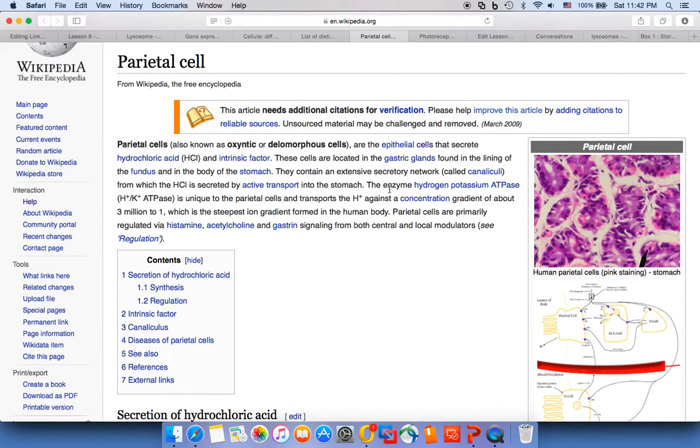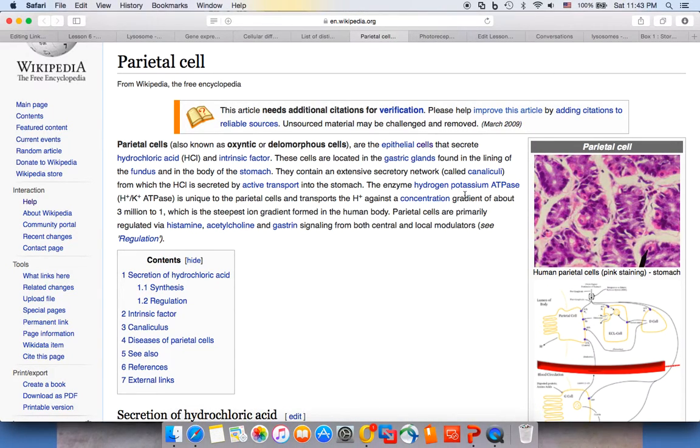Remember, an enzyme is a protein that accelerates a chemical reaction. And you can always recognize the enzymes because their name ends with ASE. Whenever you see a name of that type, you would say, okay, that's an enzyme. In this case it is called hydrogen potassium ATPase.